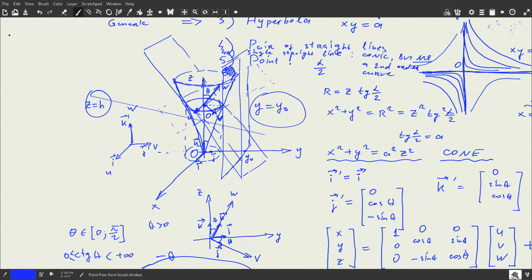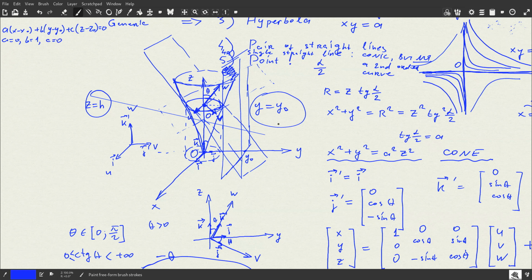You remember, in general, our equation of a plane could be, for example, a(x minus x0) plus b(y minus y0) plus c(z minus z0) equals 0. So in this case, a equals 0, b equals 1, c equals 0.